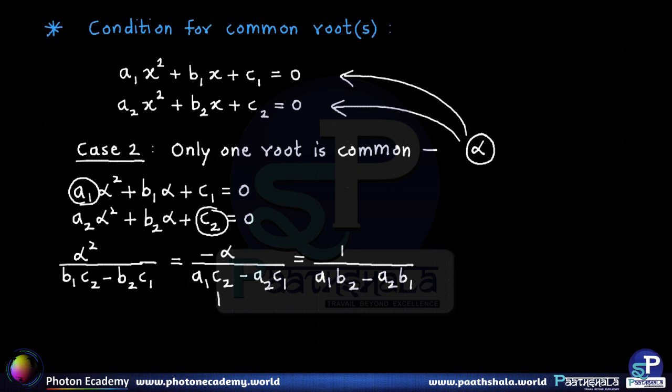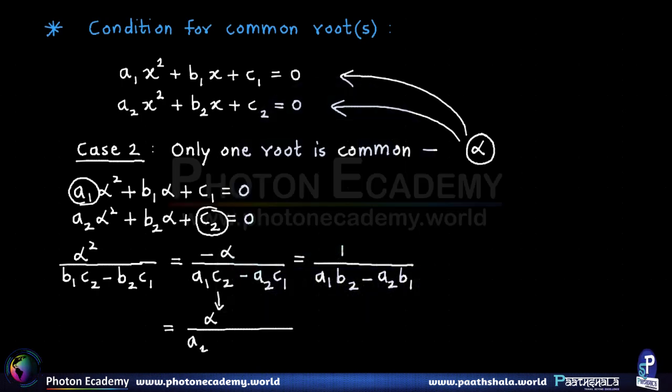So if we want to remove the minus sign in the numerator, we will have to change the sign in the denominator also, so that will become a2 c1 minus a1 c2.